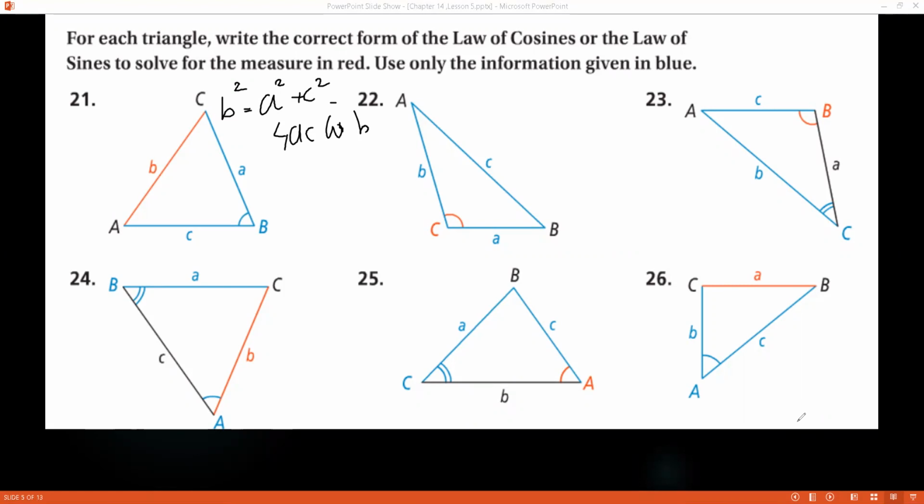What do you have to use? Law of cosine. So c squared will be a squared plus b squared minus 2ab cosine C.